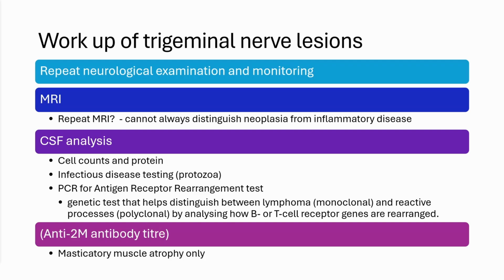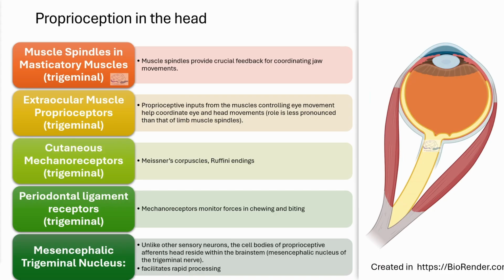And finally, I just wanted to mention that the other function of the trigeminal nerve, which is often forgotten, is that it does proprioception in the head. And so muscle spindles provide feedback for coordinating jaw movements, and so again this is important for an animal that's eating and may contribute to their dysphagia.